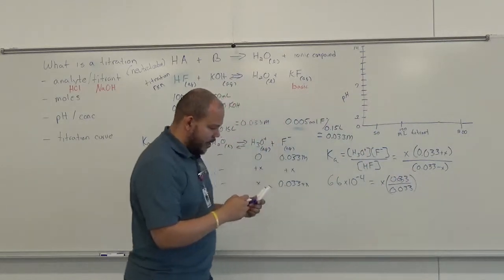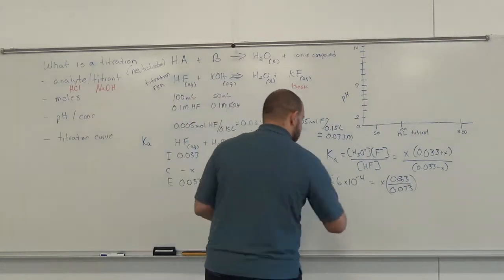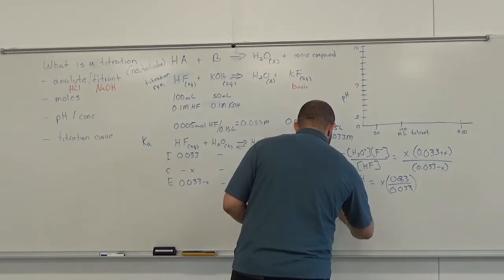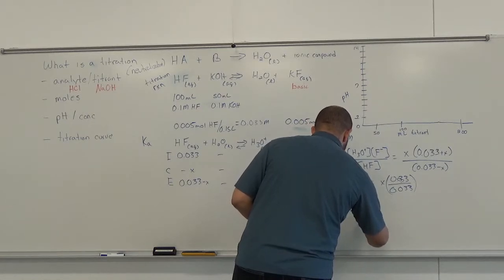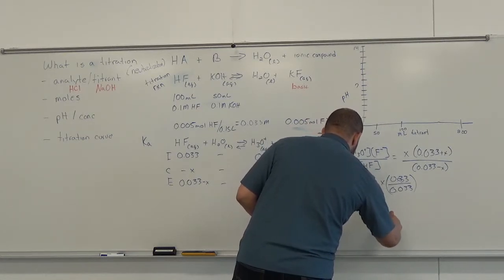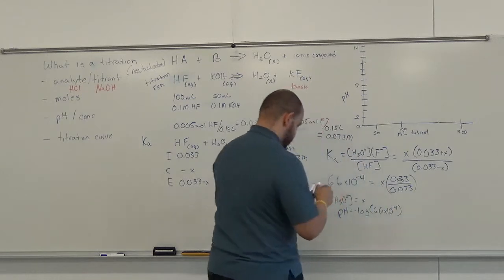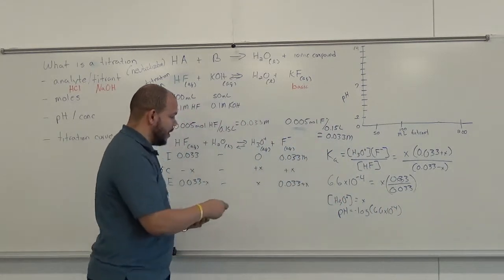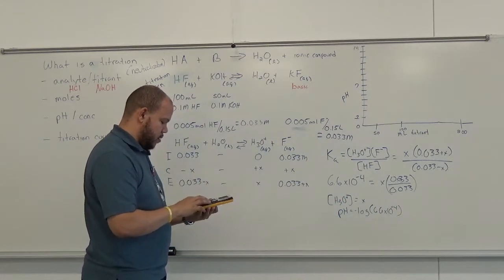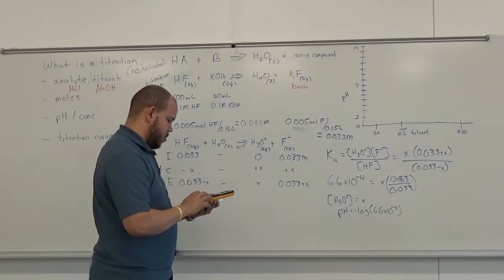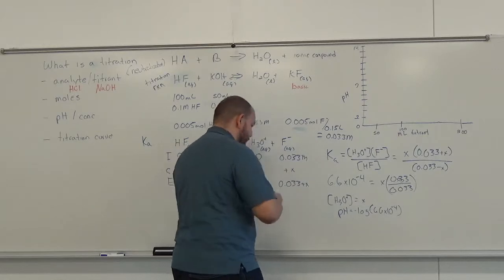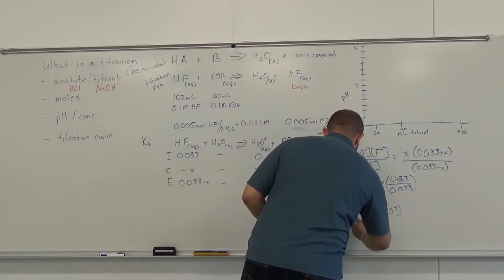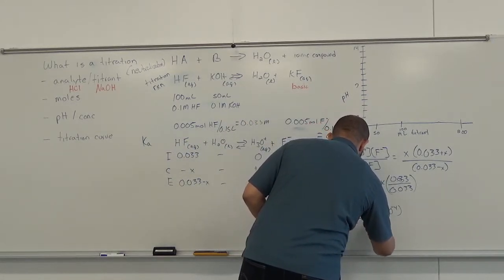We have x equal to 6.6 times 10 to the negative 4, which means that the hydronium ion concentration is equal to x, and therefore pH is equal to negative log of 6.6 times 10 to the negative 4. We should have a slightly acidic pH, 3.18. So we're dealing with a pH equal to 3.18.